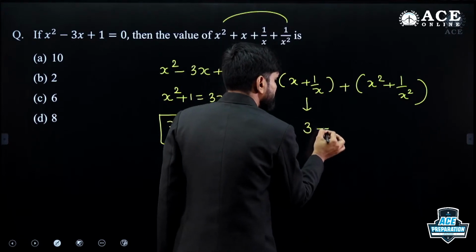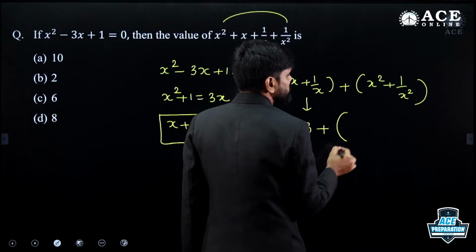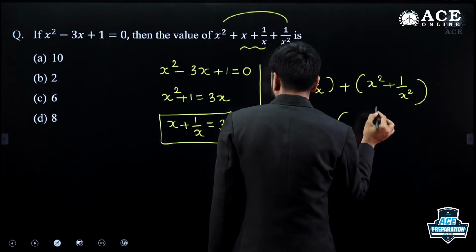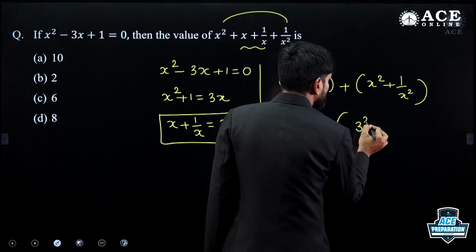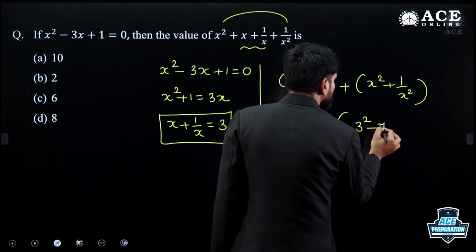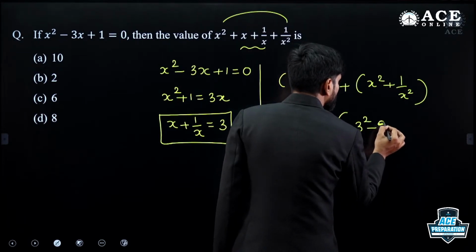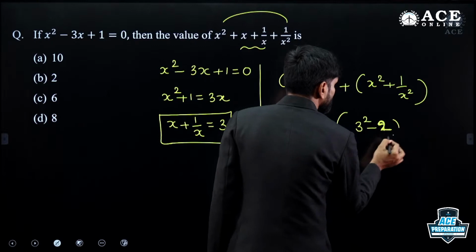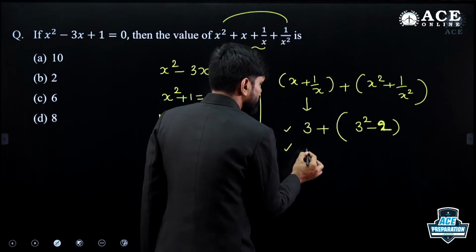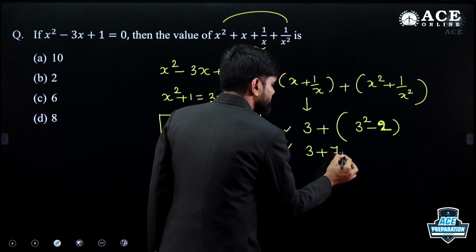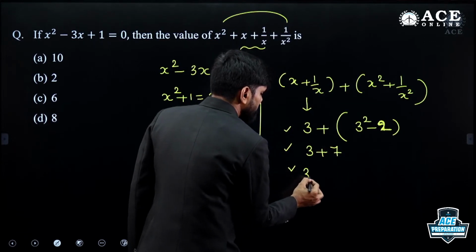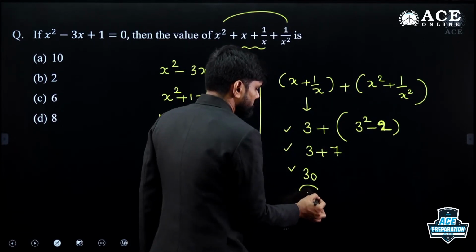This is 3 plus x square plus 1 by x square, which equals p square minus 2, so 3 square minus 2. 3 square is 9, 9 minus 2 is 7. So 3 plus 7 must give you 10.